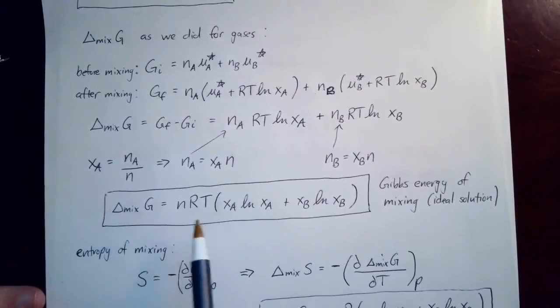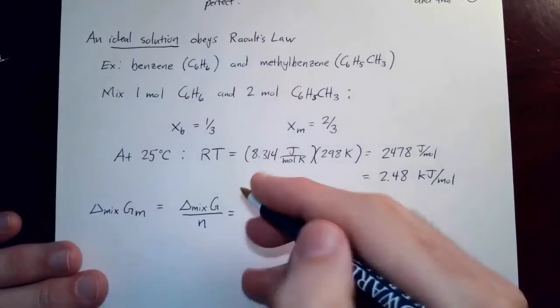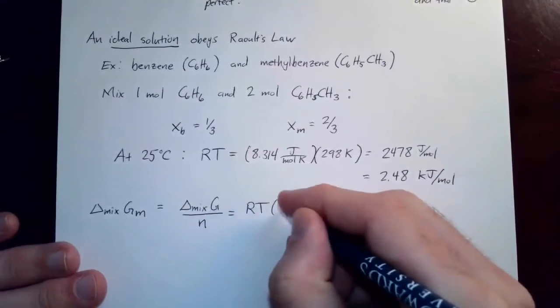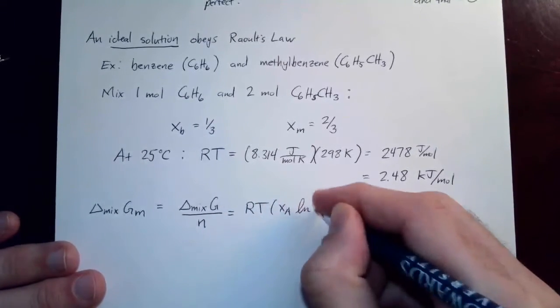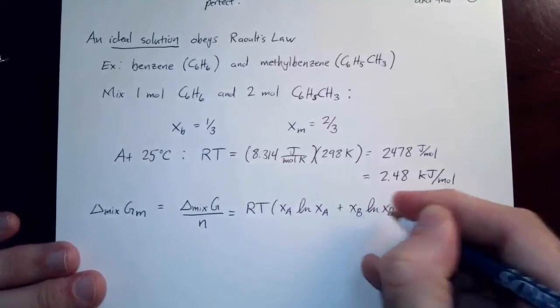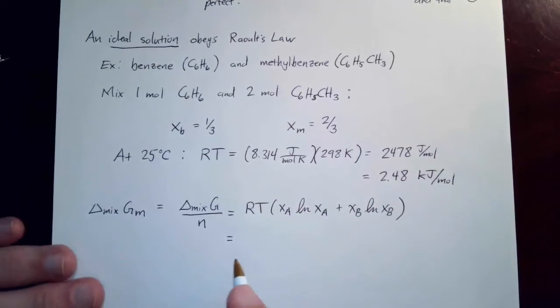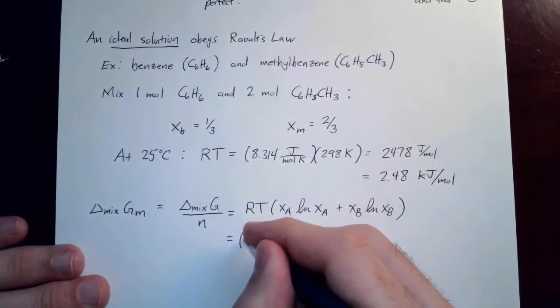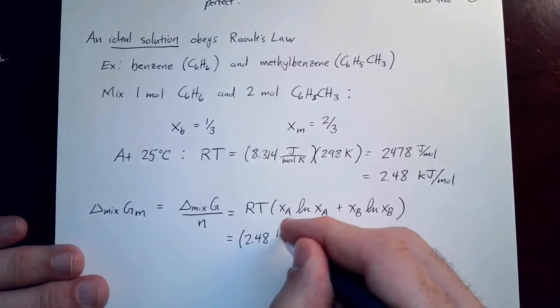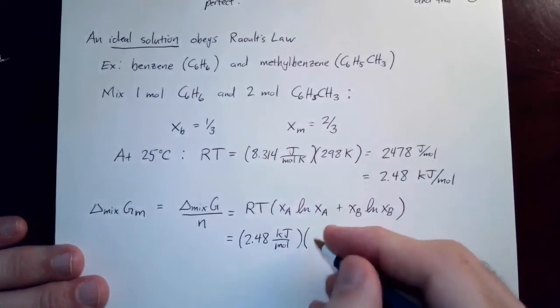We want delta G over N, so that's going to cancel this N, and we're left with the remainder, RT times these terms. And so plugging in numbers, RT we calculated was 2.48 kilojoules per mole. XA was 1/3.